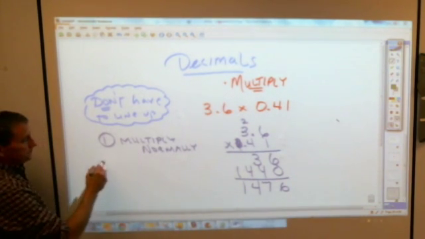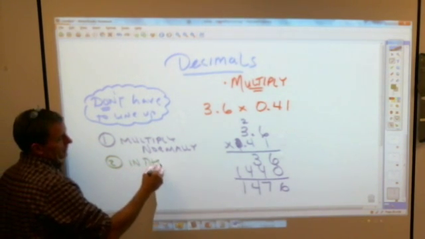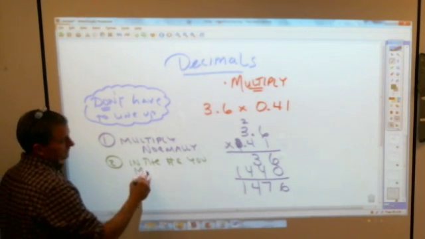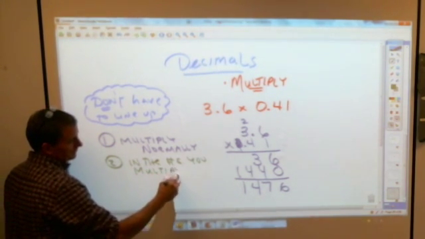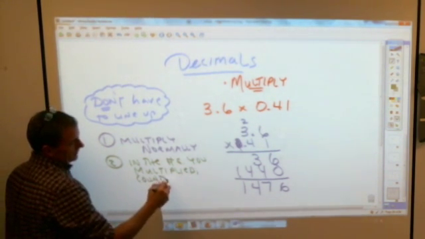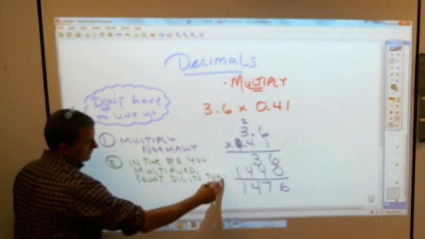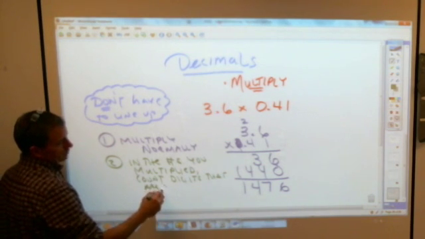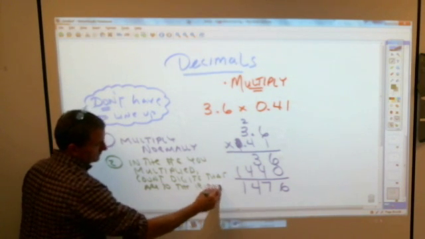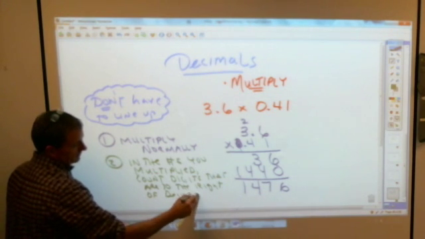Step number 2 is, in the numbers you multiplied, count the digits that are to the right of the decimal, or decimals, I guess it is.